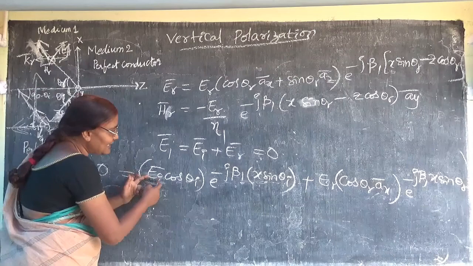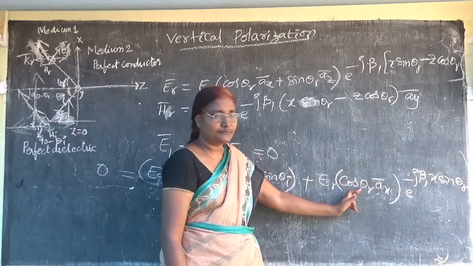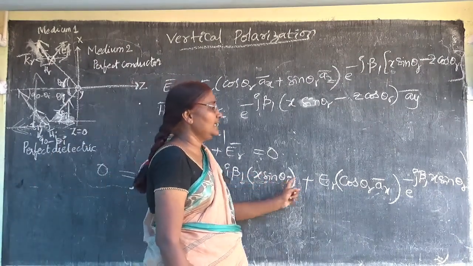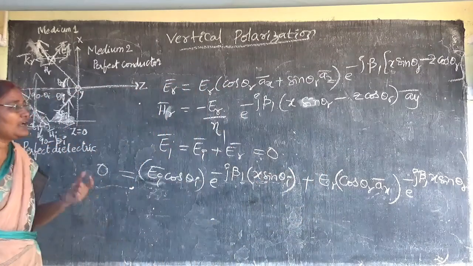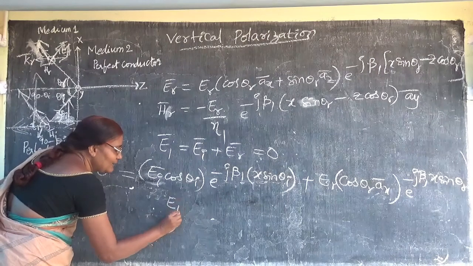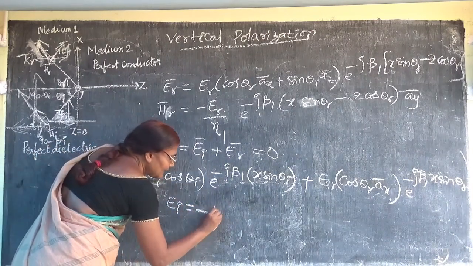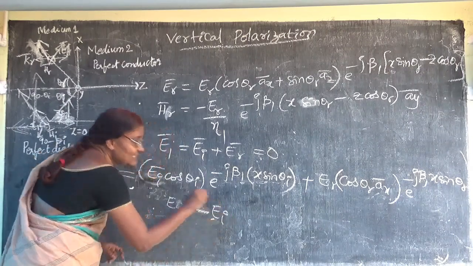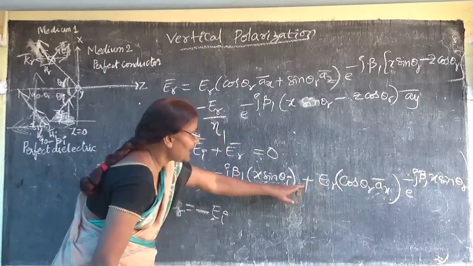So here EI cos theta is there, here ER cos theta is there, and here x sin theta is there, and here x sin theta is there. So what conditions must be satisfied? Your EI must be equal to minus ER, or your ER must be equal to minus EI. That means the ER value should be minus EI.